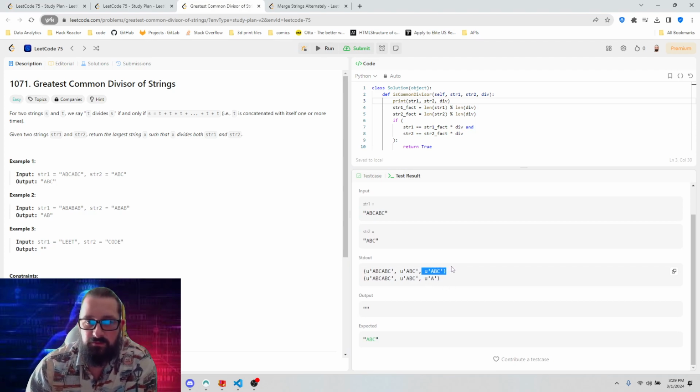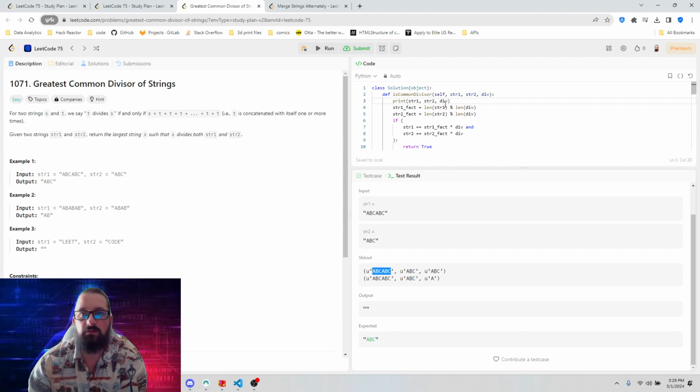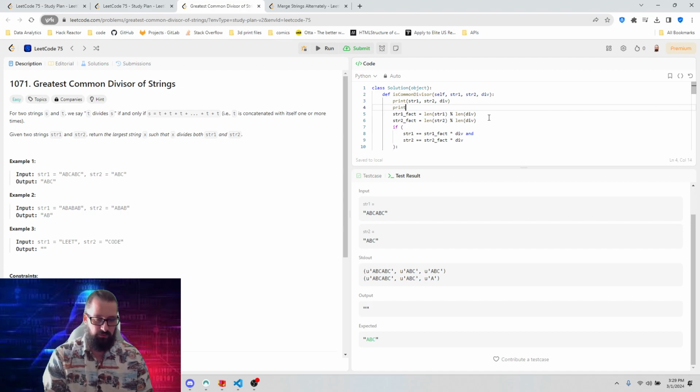So on the first run, div came back as ABC, which is what it's supposed to be. Okay. And then print.